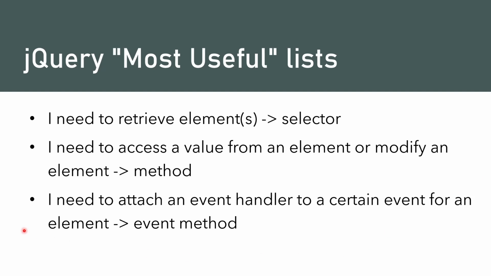So the big thing I want you to take away from those most useful lists is just the ability to look up what you need to do. If you need to retrieve some elements from the HTML, from the DOM, you'll want to use a selector for that.